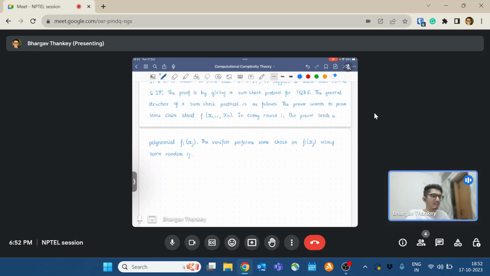The point is that if the claim is true, then this check is always going to pass.